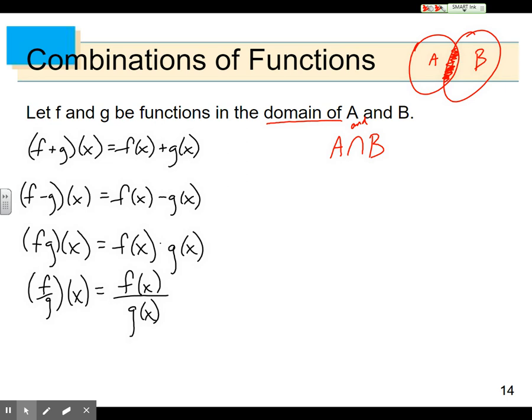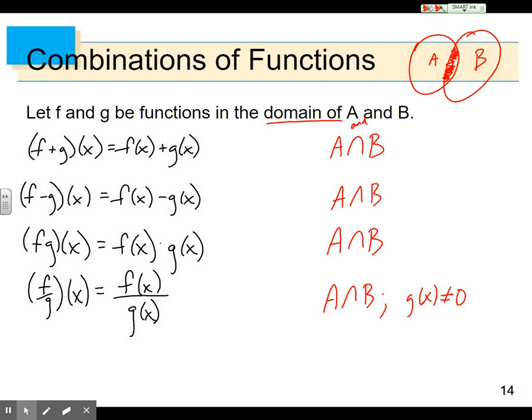We'll look at that with some numbers in just a minute. That's actually going to be the domain all the way down, A and B, and then finally down here, it's going to be A and B, and like I said, as long as g of x is not equal to 0.